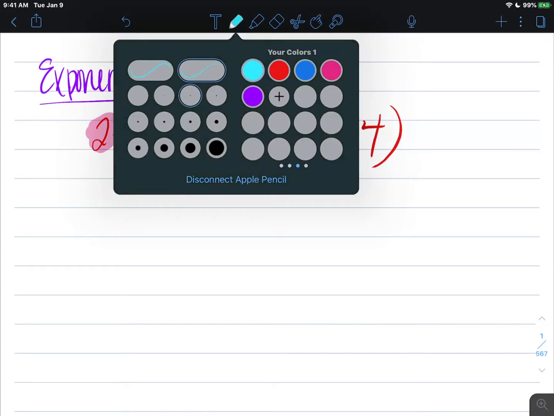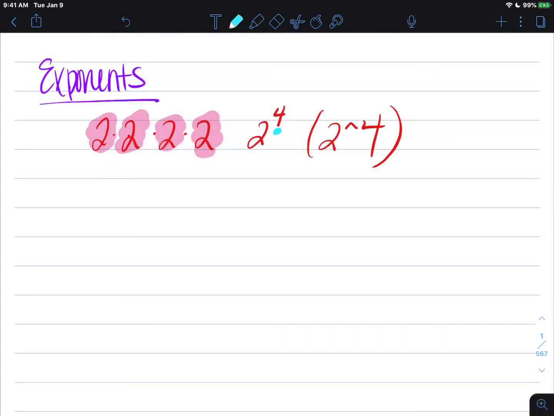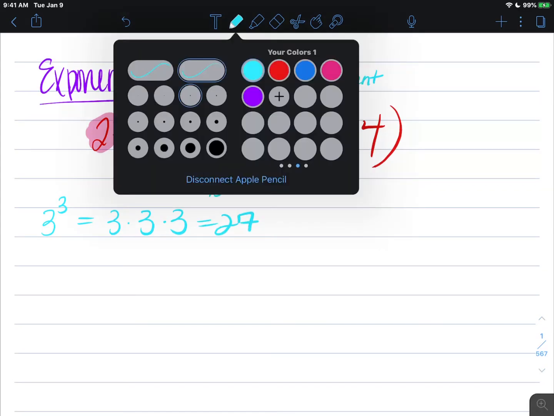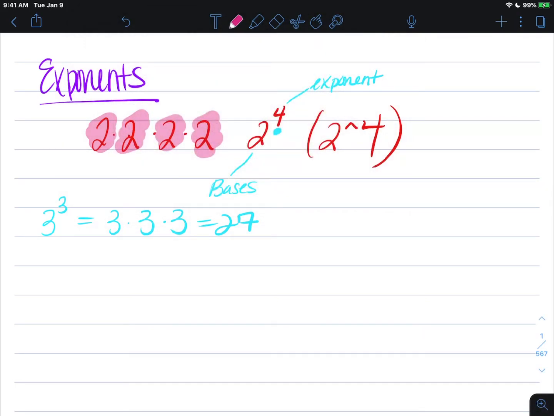The alternative way of thinking about that is this number here, also called my exponent, tells me to take 4 of my bases and multiply them together. So for example, 3 to the power of 3 means take 3 3's and multiply them together. Or if I had 4 to the power of 2, take 2 4's and multiply them together.